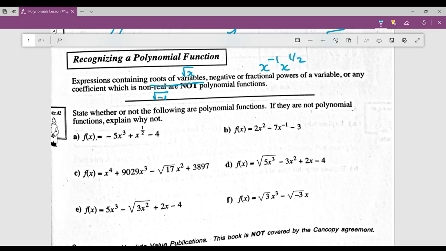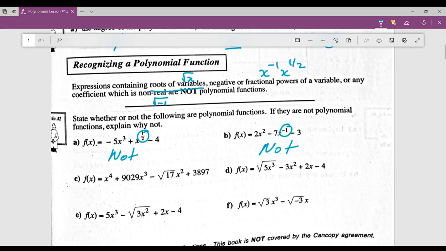The first one here, we have a fractional exponent, so not polynomial. The second one, B, we have a negative exponent, not polynomial. Third one, that's good, that's good, that's good. This one, we have a square root of 17, that's fine. You can square root 17, you just cannot square root negative numbers.